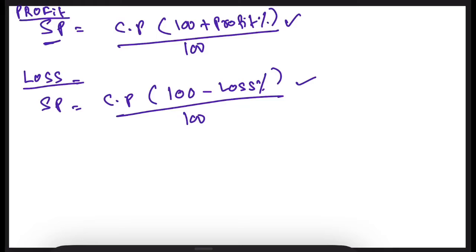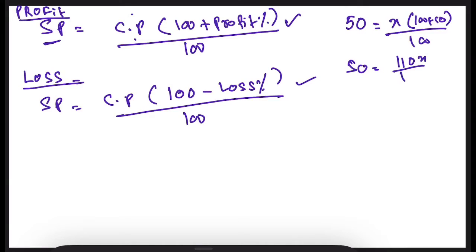So, if you know these two formulas, from this you can find out SP, you can find out CP. Suppose SP is given, if he is asking CP, you put X and you can find it out. Suppose you sold a pen for 50 rupees. Cost price you don't know, X, but you got 10 percent profit. So, 100 plus 10, that is 110 upon 100, that equals 50. So 50 equals 110 X upon 100.